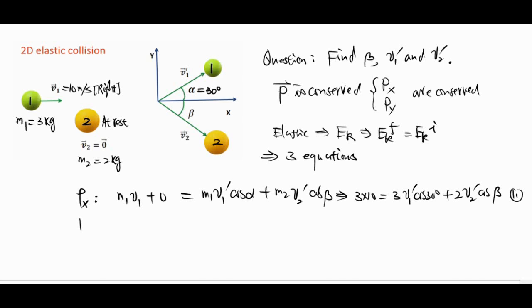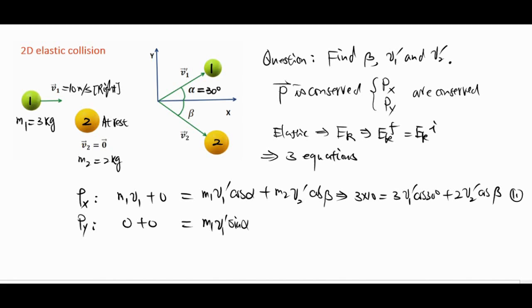Similarly, we can write down the conservation of the y component of momentum. So 0 plus 0, because ball 1 moves horizontally, its y component is 0, and ball 2 does not move, so its component is 0. Ball 1 has a positive component, which is M1 V1 prime. This time we use sine for the y component.